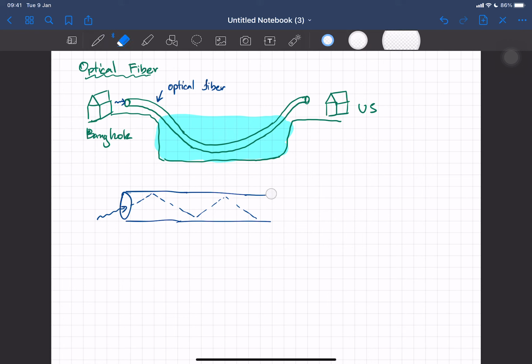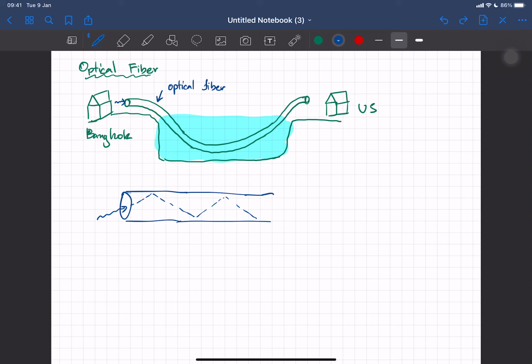You might have the signal getting weaker as it goes along the tube, but you can have what we call a signal repeater, which makes sure that you have enough light signal to get through the whole cable. That's doable, but the amazing thing is that when total internal reflection occurs, like here, then really there's no light coming out onto the other side.